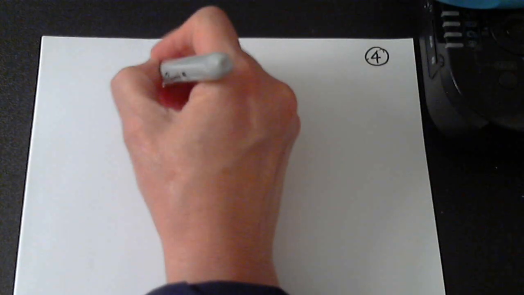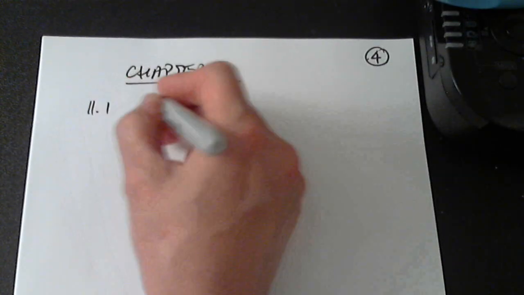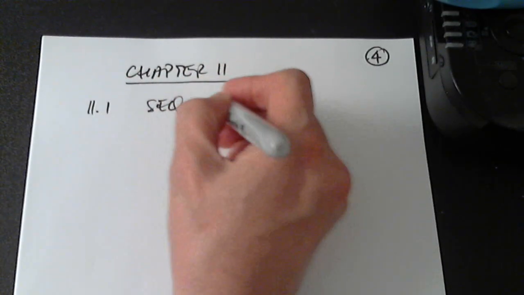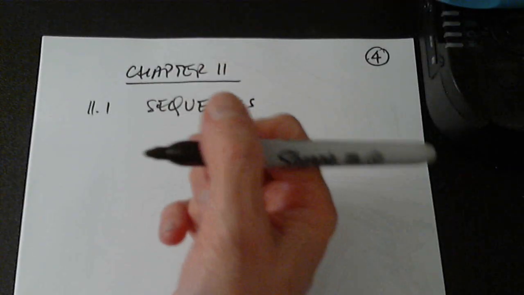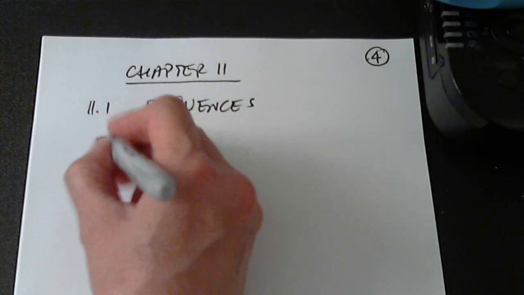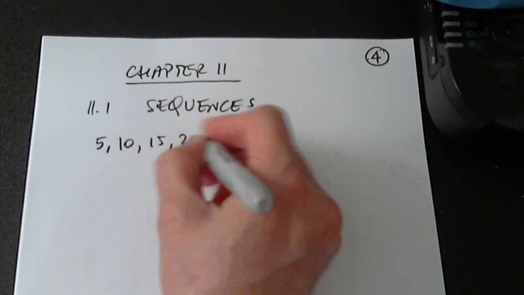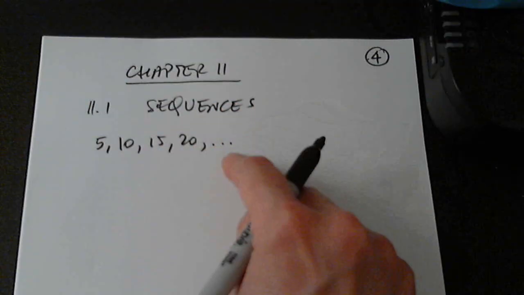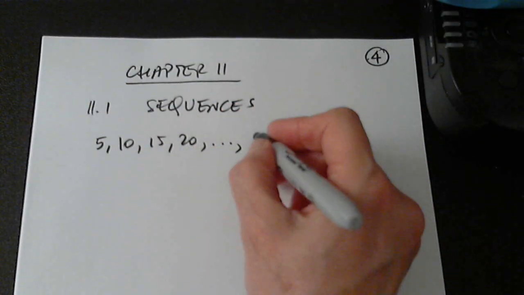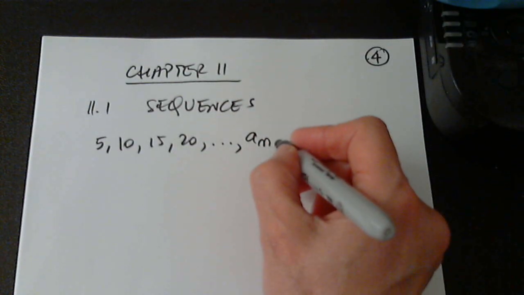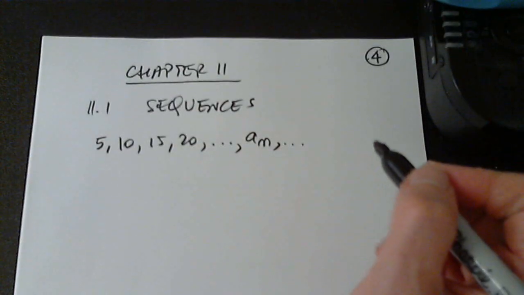Good. Okay, so first of all, let's define a sequence, a sequence of numbers. So chapter 11, 11.1 sequences. Here's an example. 5, 10, 15, 20, dot dot dot, a sub n, dot dot dot.